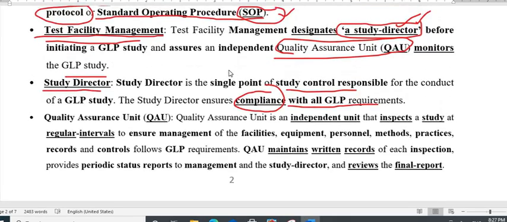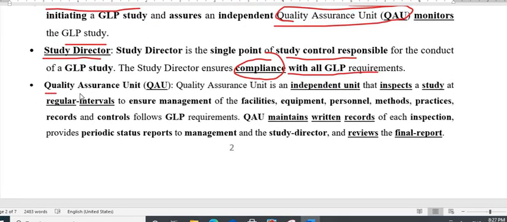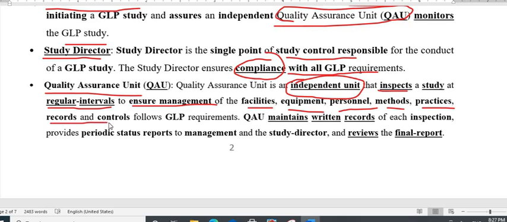Now we have to go through the second point, the quality assurance unit. The quality assurance unit has to assure, and it should be an independent unit, and it should inspect the study at regular intervals and keep the data, so that it ensures the management of the facility, the equipment, the personnel working there, the methods, the practices, the records, and the control.